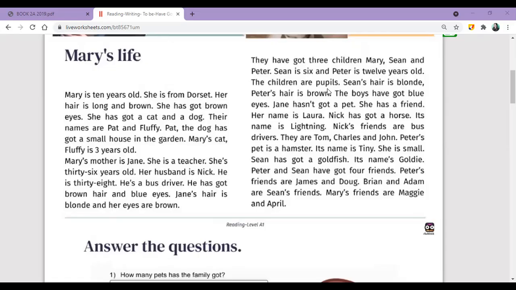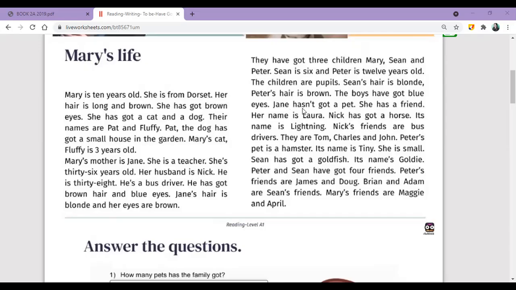Pupils. No, listen, pupil. Pupils. Okay. The children are pupils. Sean's hair is blonde, Peter's hair is brown. The boys have got blue eyes.